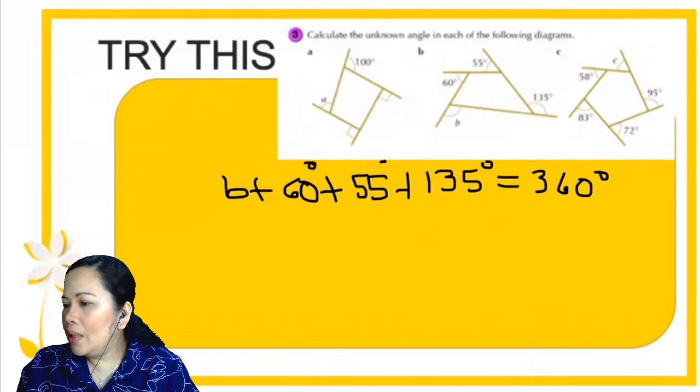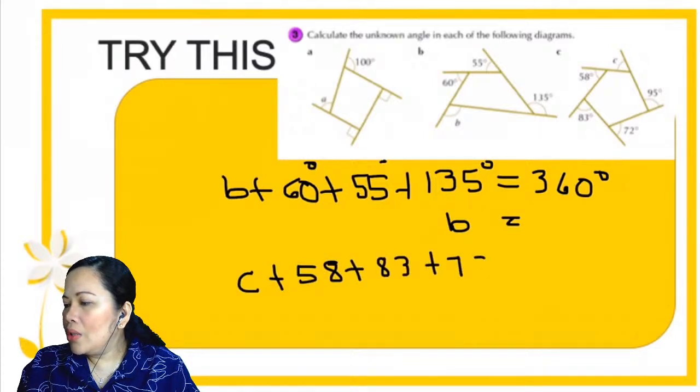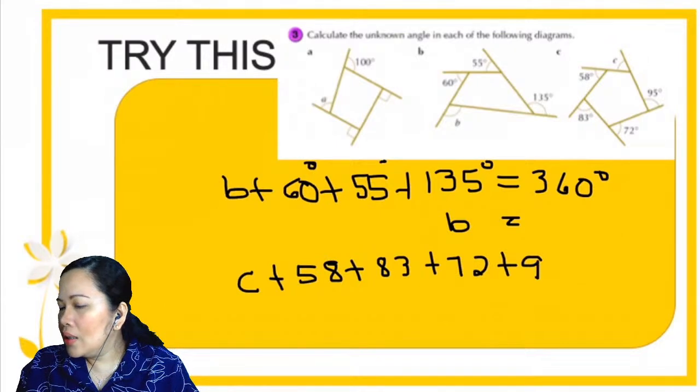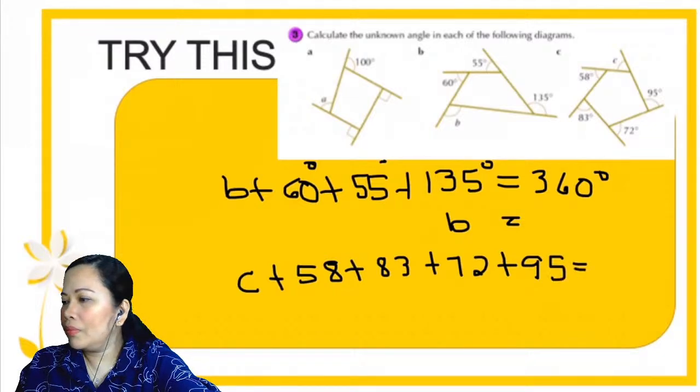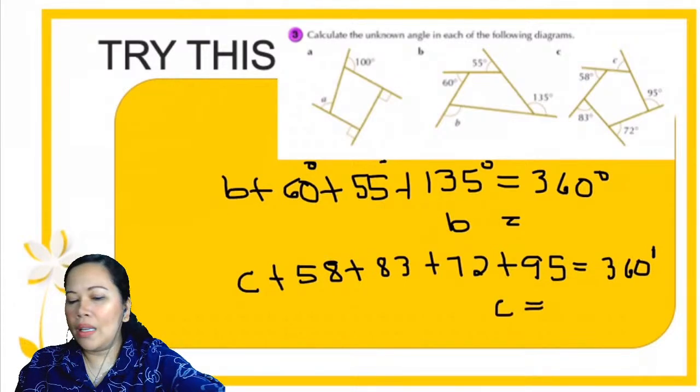So find B. And then C plus 58 plus 83 plus 72 plus 90, I think it's 95, equals 360. Find C.